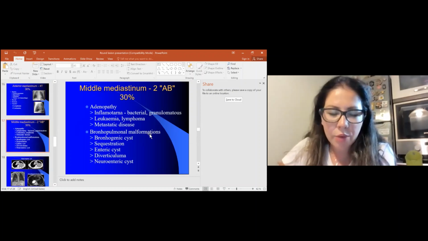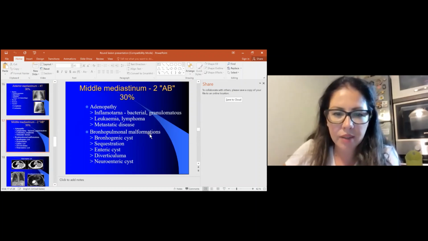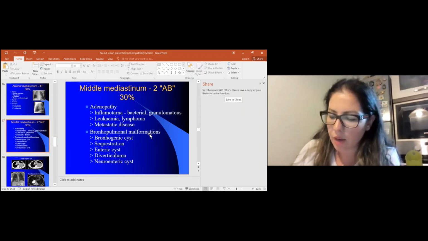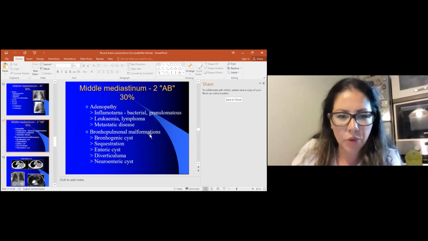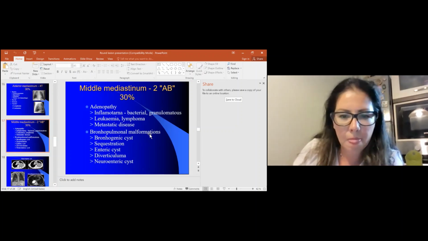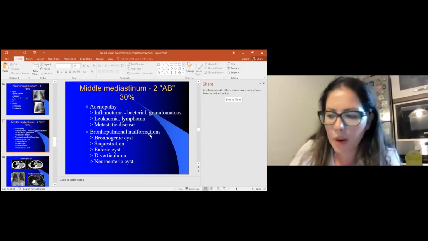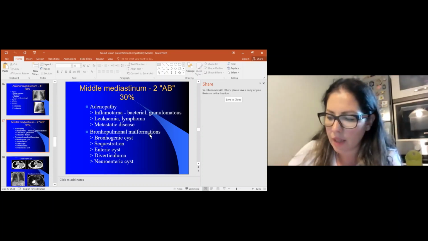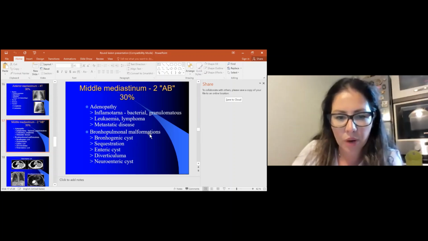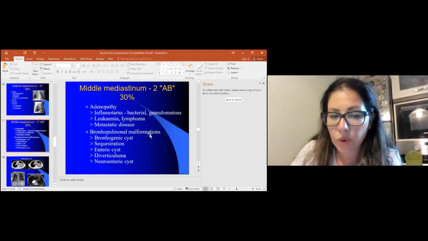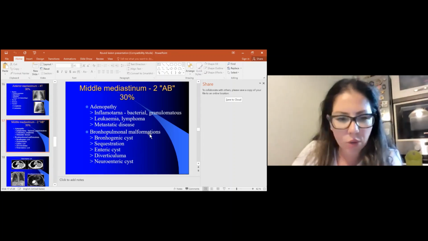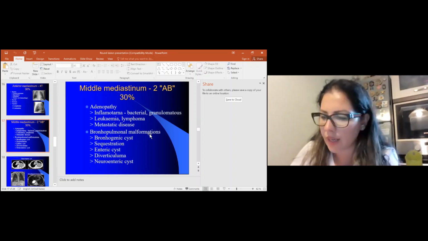Middle mediastinum 2AB, or 30%: adenopathy. It can be inflammatory, bacterial, granulomatosis, leukemia, lymphoma, metastatic disease, as I said, and bronchopulmonary malformation: bronchogenic cyst, sequestration, enteric cyst, diverticuloma, and neuroenteric cyst.